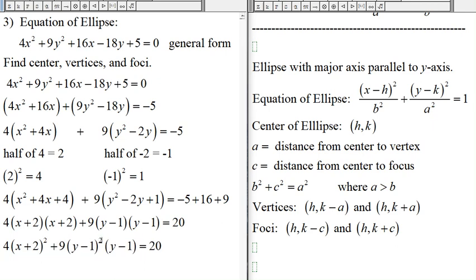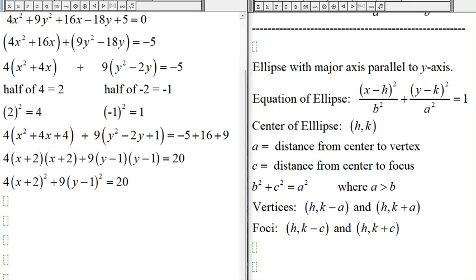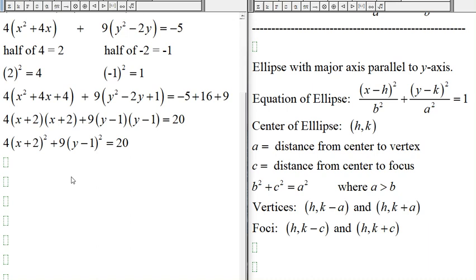This will be squared. Now, this looks almost like it's in standard form, except for the 4 and the 9. So we need to somehow get rid of this 4 and this 9 so that it's in standard form.